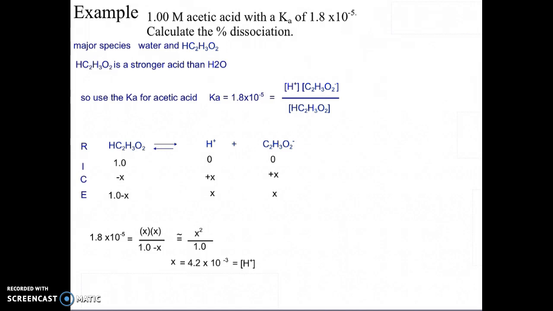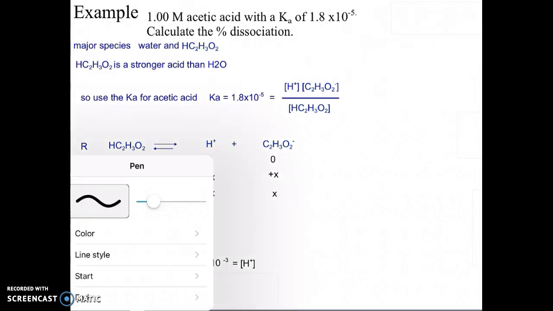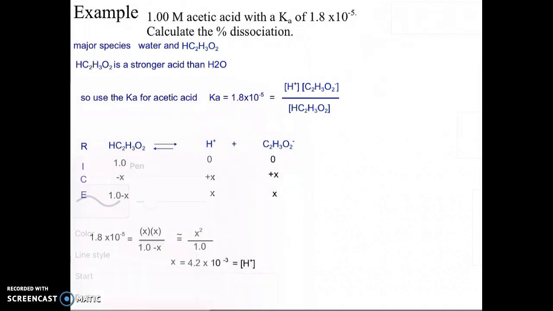And here's a big rule that I just violated: that should have a unit of molarity, because it is a concentration. That is the hydrogen ion concentration for 1.0 molar acetic acid.